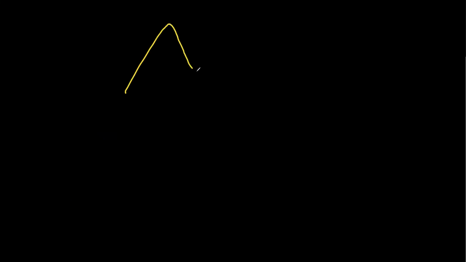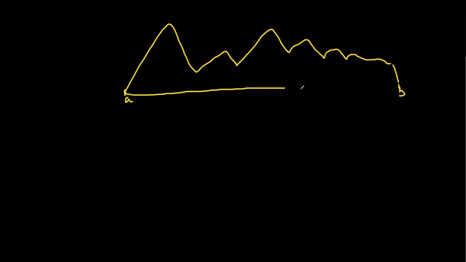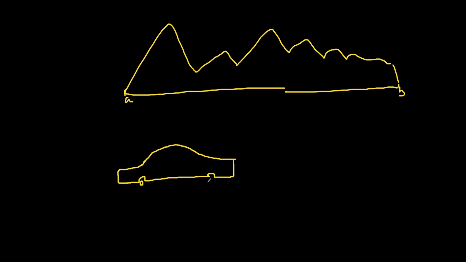Let's suppose this is a mountain, and you want to find the area from point A to point B. Not mountain. Let's suppose this is your car. And suppose you want to cover the car with a car cover.